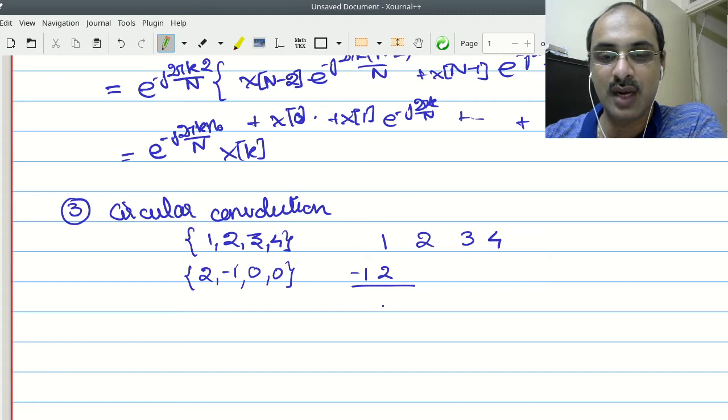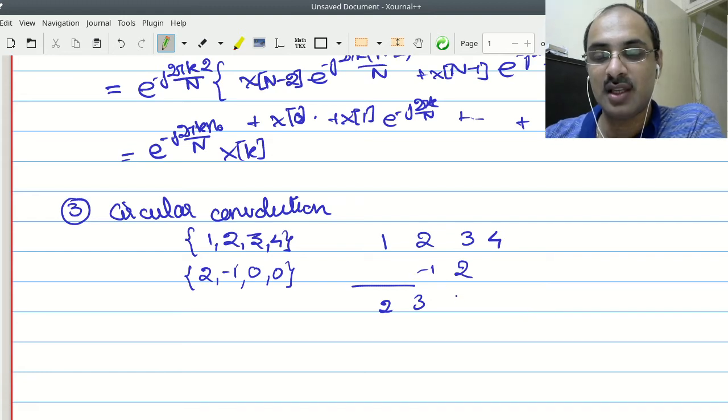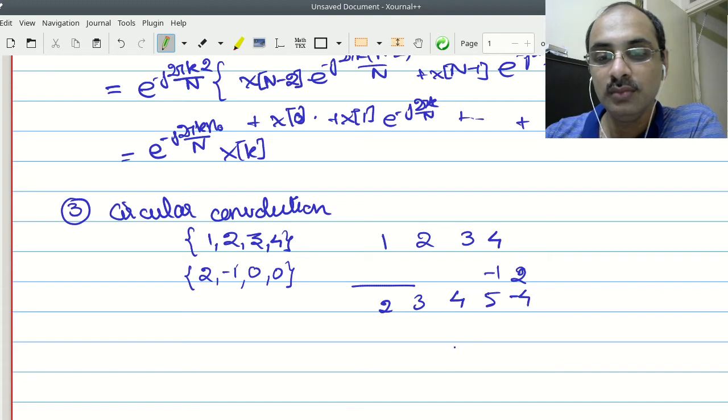If you add, you get 2 multiplied by 1 plus minus 1 multiplied by 0, so you get 2. Next, 2 2s are 4, minus 1 is 3. Next, 3 2s are 6, minus 2 is 4, and finally 4 2s are 8, minus 3 is 5, and there's another term over here, which gives minus 4. So this is what you would get if you performed linear convolution.